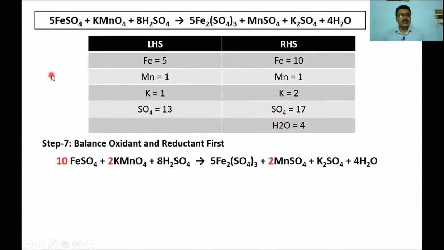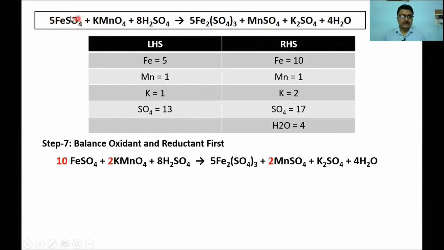Next step is important. Balance oxidant and reductant first. Whatever we have taken in our redox equation, we should balance those oxidant and reductant first. This is very important. So here we have 5 atoms. To make it 10, I am going to multiply it by 2.